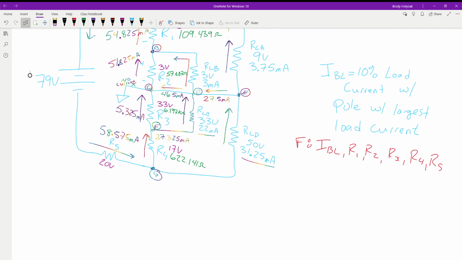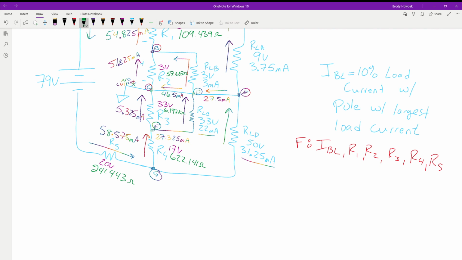Okay, R5. Everybody agree with those? Yes, it is.